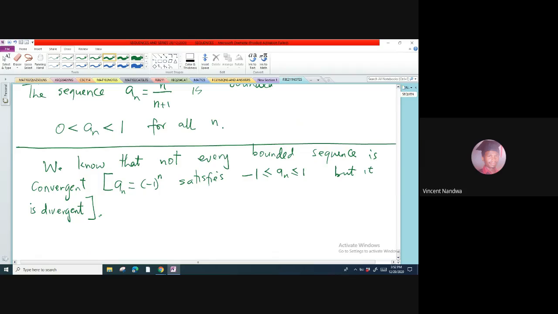I've seen this one before. And not every monotonic sequence is convergent, e.g. an equals n as n approaches infinity.